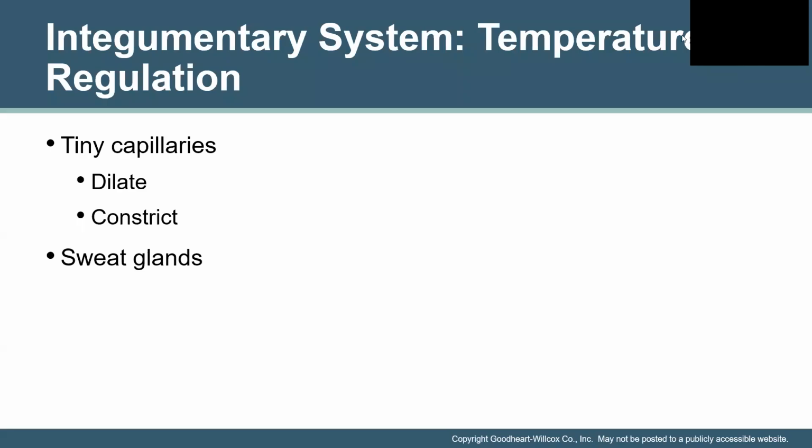The skin is also extremely important in regulating body temperature. This is due to the extensive array of tiny capillaries and our sweat glands that lie near the surface of the skin. The capillaries contain blood, which circulates through the body. When the body's overheated, the capillaries will dilate or expand.